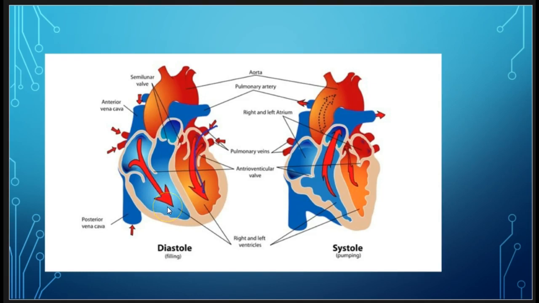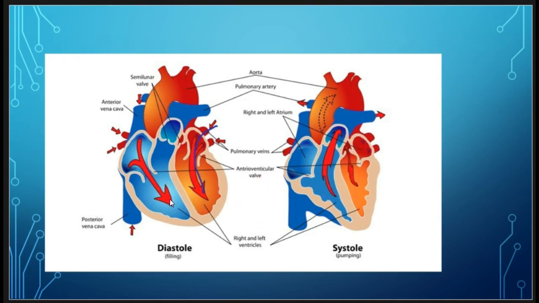And this, of course, is happening during the diastole, as the heart is relaxing. So this is before it begins to pump. And the amount of blood that is coming in is equal to the amount of blood that is going out.